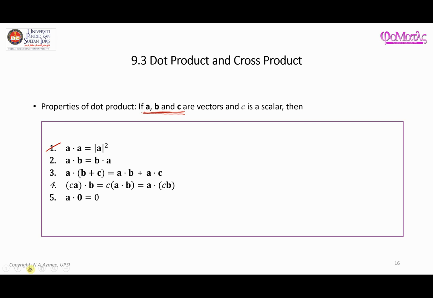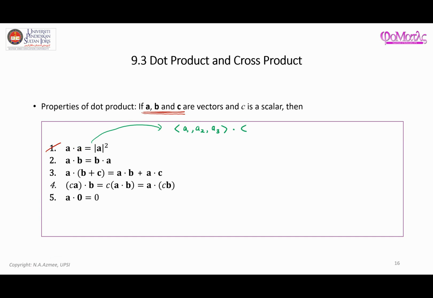It is not difficult to see why that is true. Say you have a three-dimensional vector a with components a1, a2 and a3, dotted with the same vector.